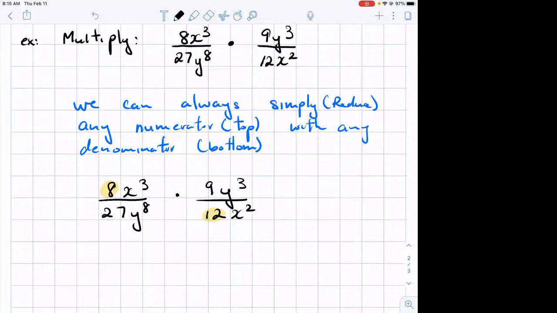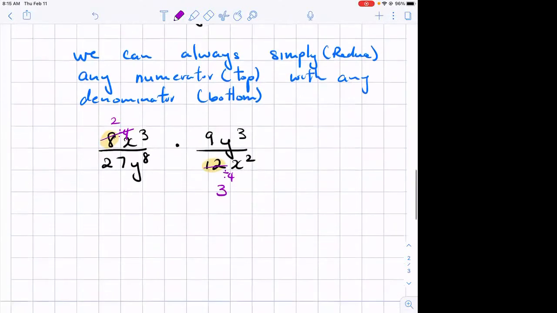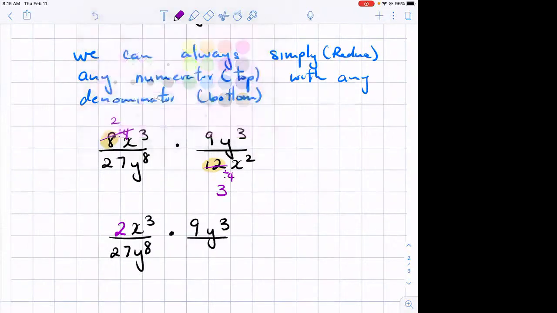Well, if you think of 4, if you divide this by 4 and you divide this by 4, this will become a 2, and this will become a 3. So that leaves me with 2x cubed over 27y to the 8 times 9y cubed over 3x squared.